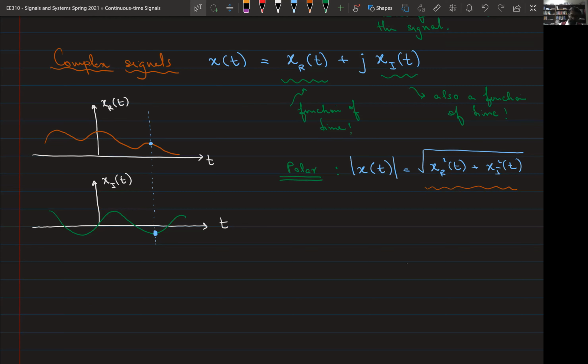Okay, my point once again was कि if I tell you कि यार अब given xi of t and given xr of t, why don't you plot for me this function, the square root of xr squared of t plus xi squared of t? So Hamza, given these graphs, would you be able to do it?